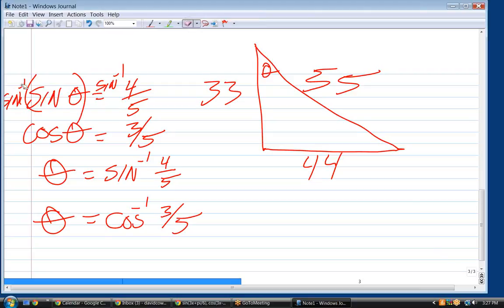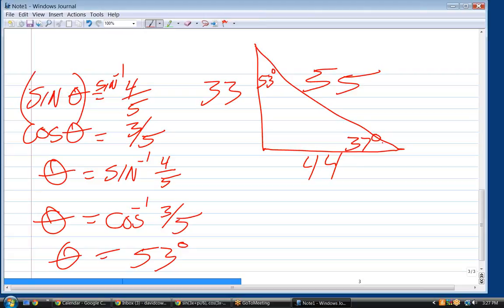Do you have your calculator? Yeah, I just did it. It's 53.1 degrees. Most people are quite familiar with the 3, 4, 5 triangle, but if you ask somebody what these angles are, they mostly wouldn't be able to tell you.